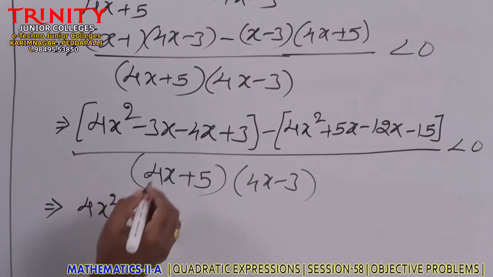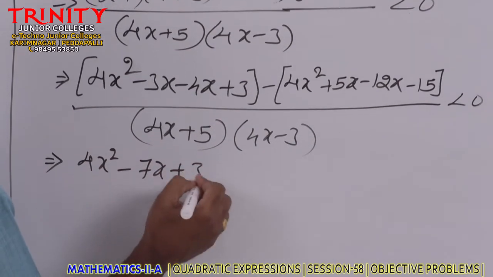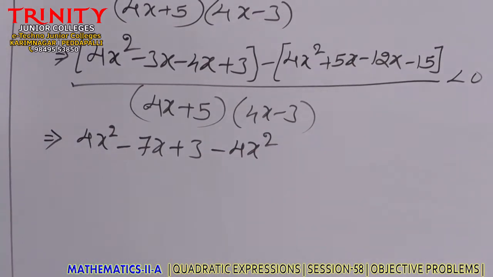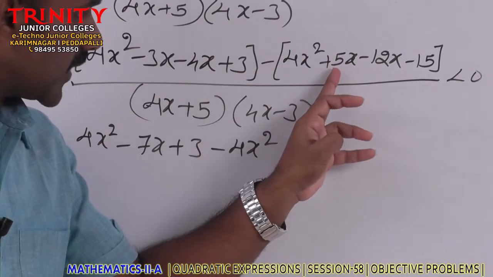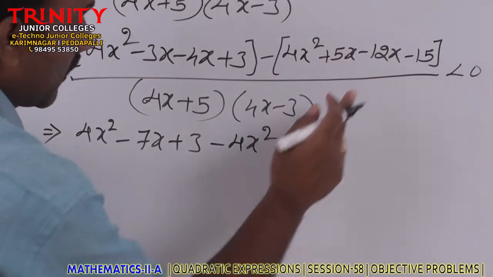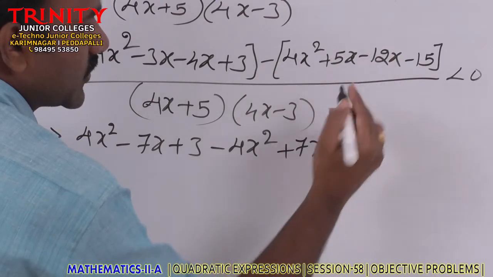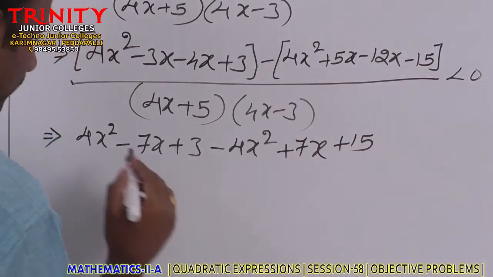Opening the bracket: 4x square minus 7x plus 3 minus 4x square, plus 5 minus 12 is minus 7x, minus into minus plus 7x, minus into minus plus 15.